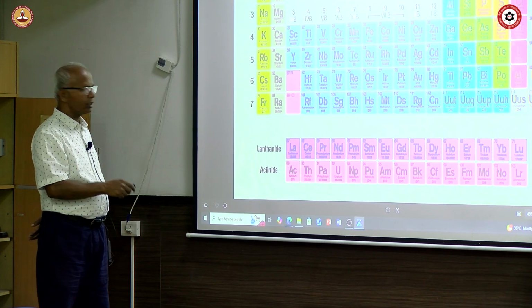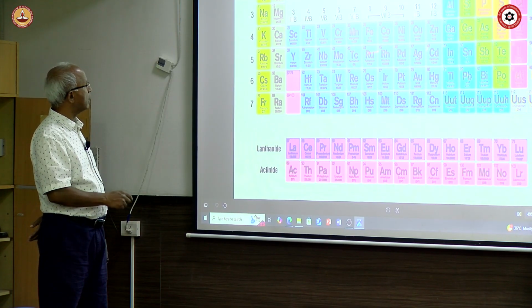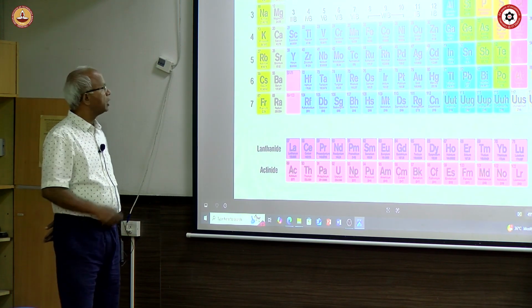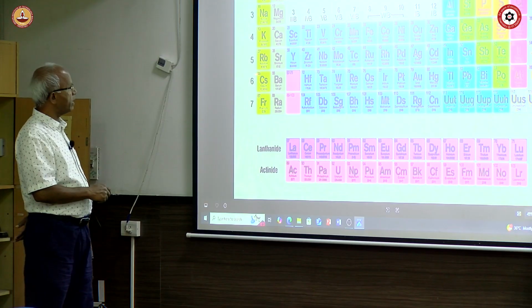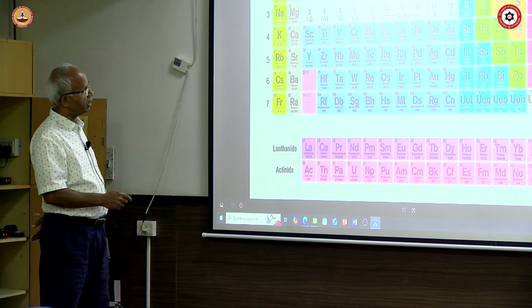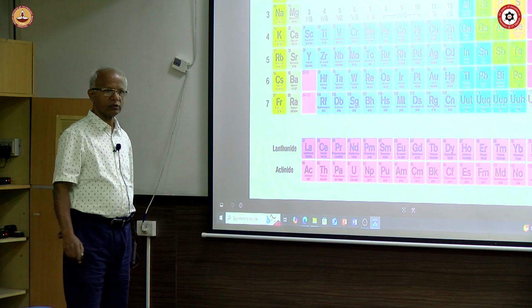So this is group 18, that is group 1. So the more electropositive elements combine with the more electronegative elements, particularly chlorine, fluorine, bromine, iodine. So they give rise to ionic compounds, right?